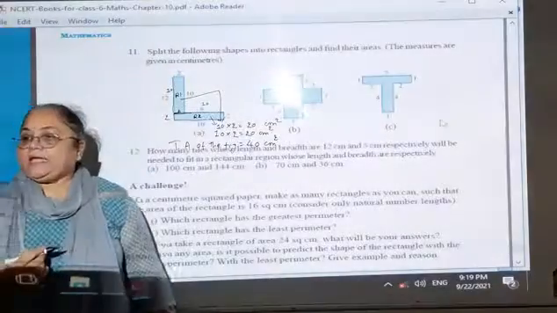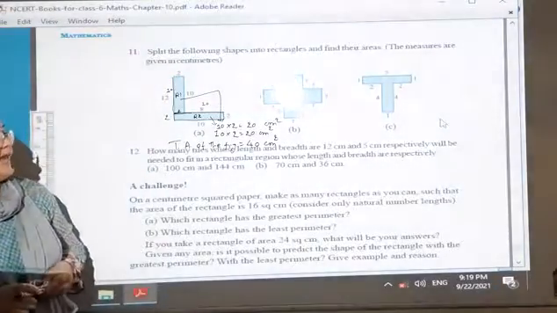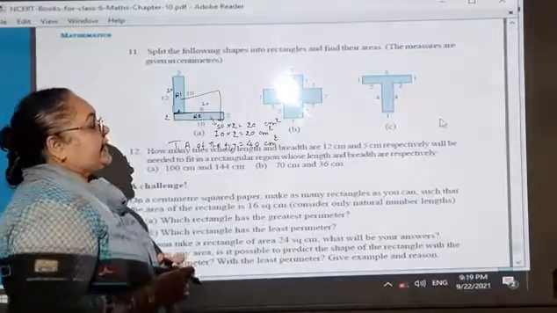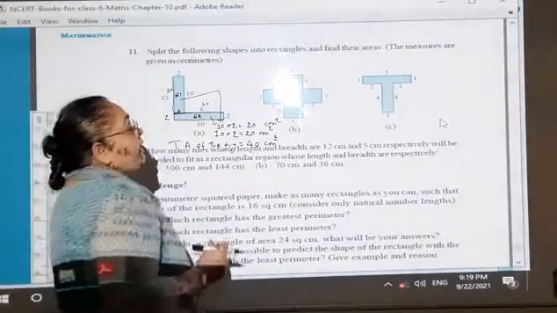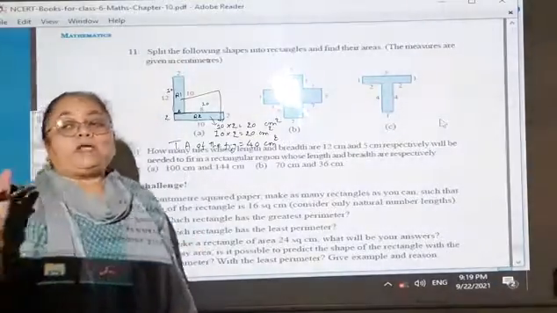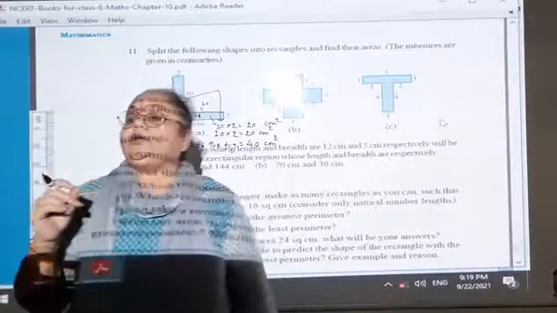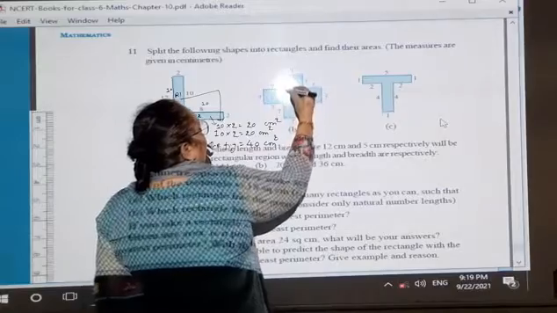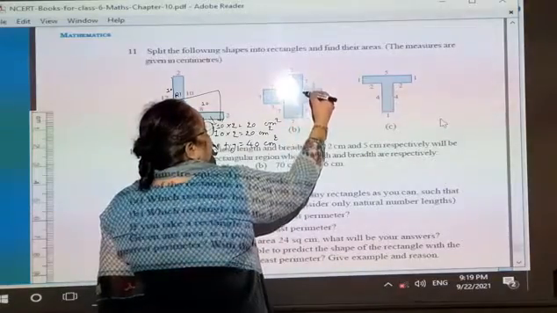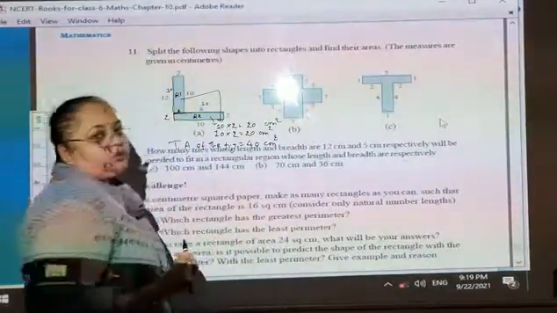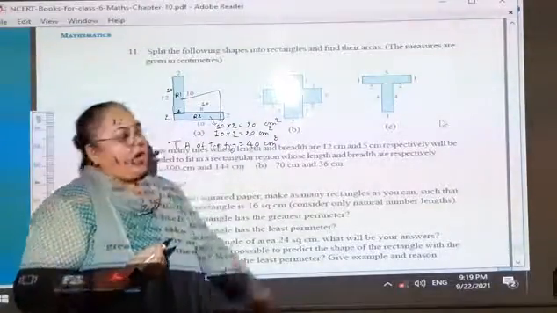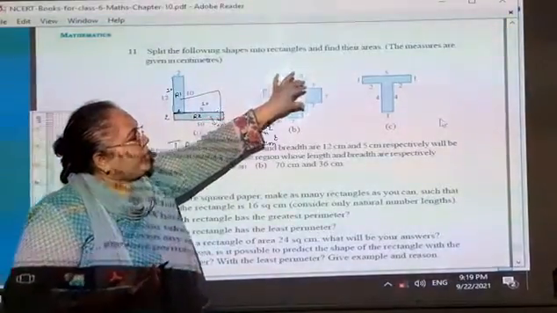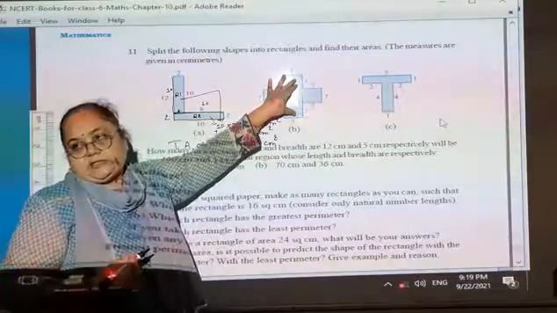Easy? Yes. Next, this figure number B. In figure number B, there are 2 possibilities to convert it into rectangles. One is you can draw these 2 lines over here, so 3 figures you will get: one is this area, one is this area, and one is this.